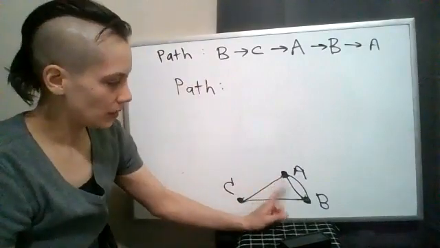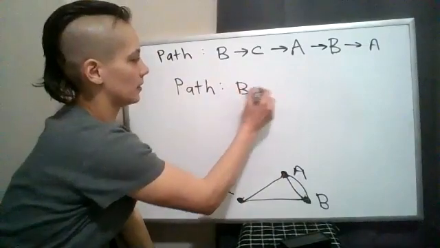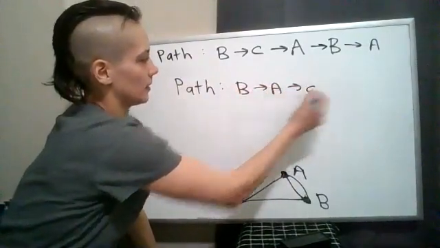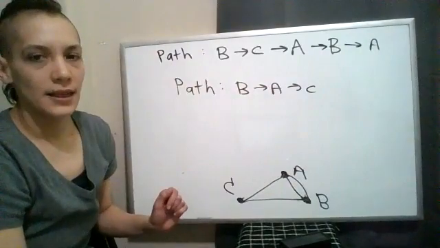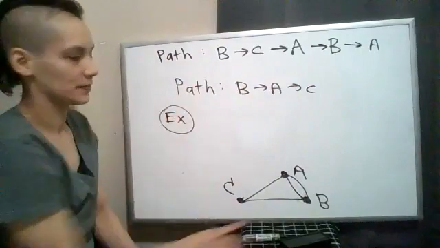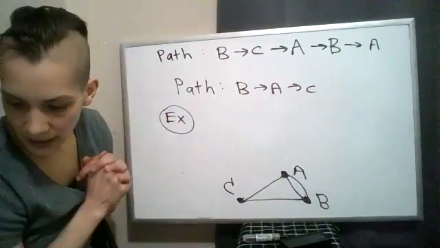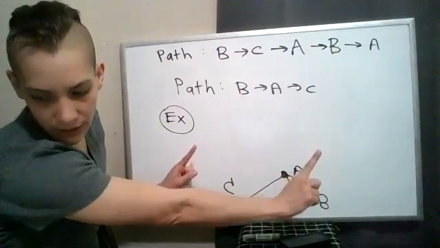Okay, we're going to go just BAC. Next example. Okay, there is a loop, and then I'm just going to go straight across.